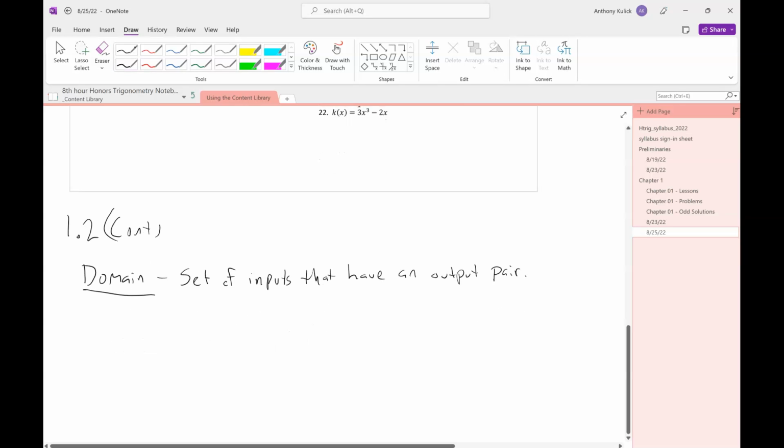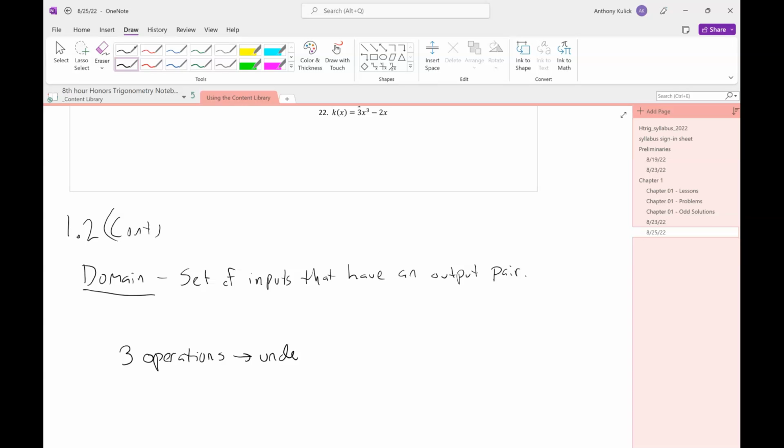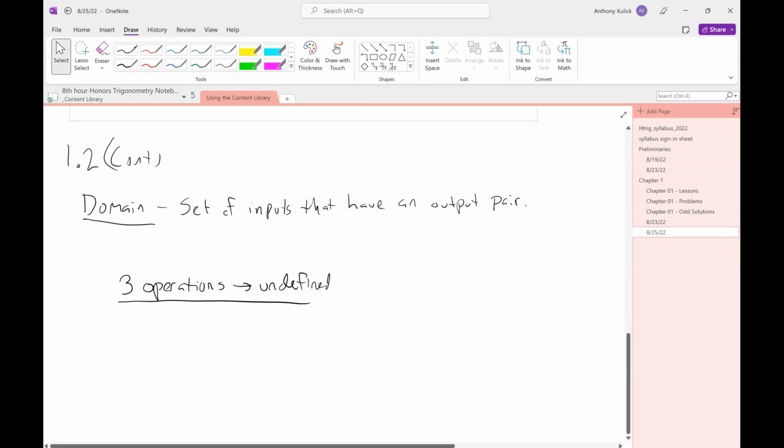Now, to this point, we've seen 3 operations that can give you a result that's undefined. Does anybody remember any of these 3 operations? Braden. Yep. So division will do it.